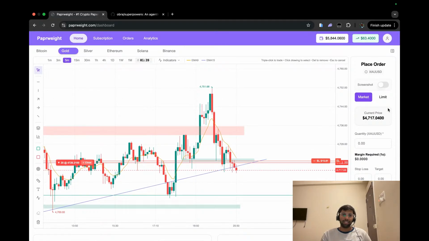So 1 minute and 40 seconds to close this candle, guys. And this is going to close in the red. Still 1 minute, guys. Emotions can change, sentiments can change within a minute or within seconds, guys. 73 more seconds.